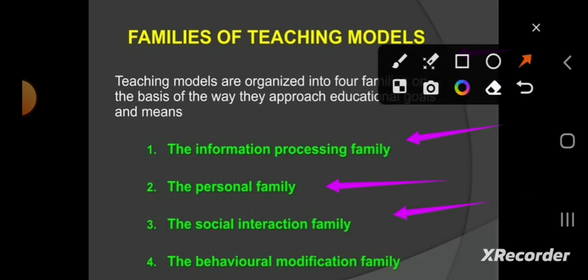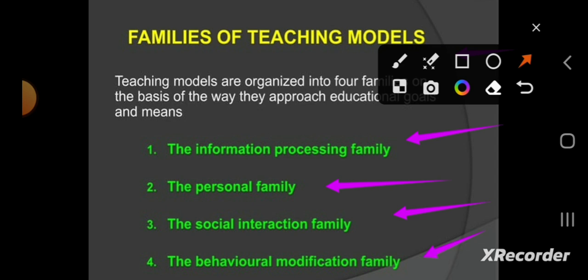The social interaction family. This family of models highlights the importance of social context and interactions in learning. It emphasizes collaborative learning, peer interactions, and the social dynamics of the classroom. Techniques include group work, discussions, and activities that build social skills and collective problem solving.